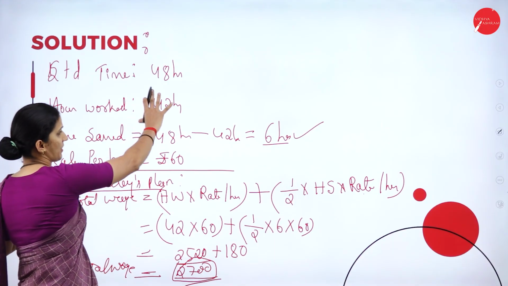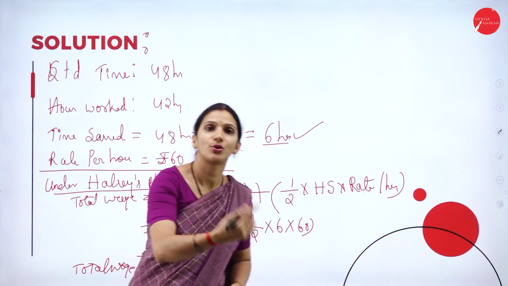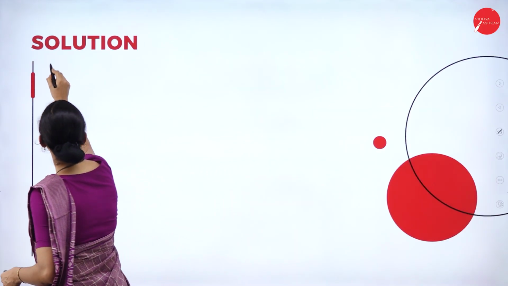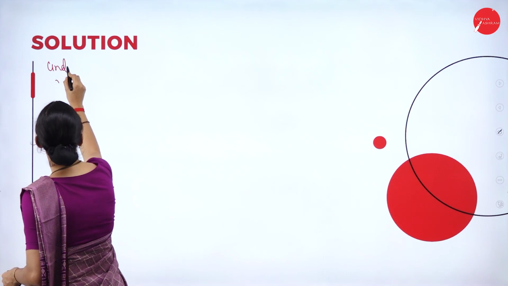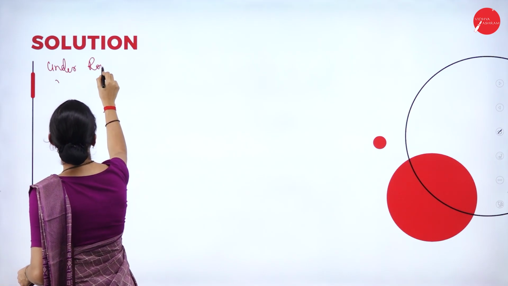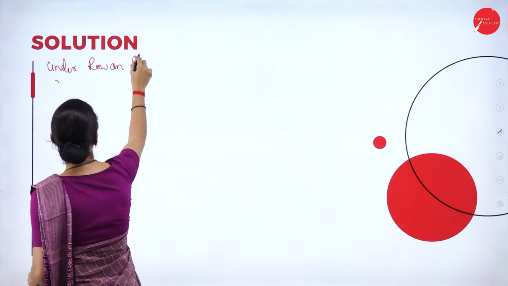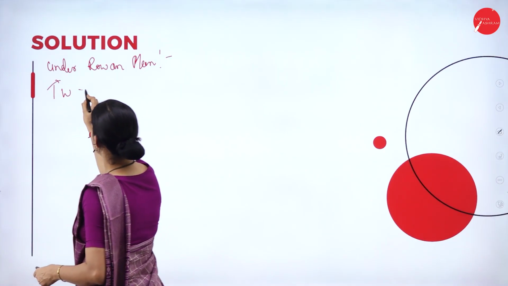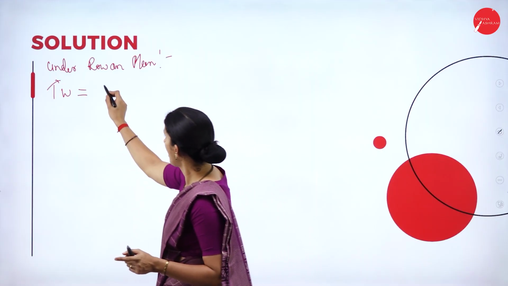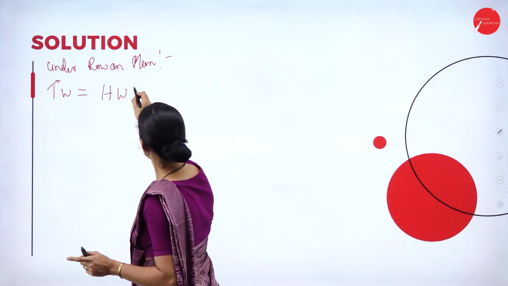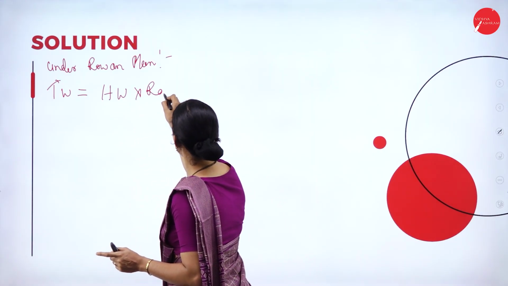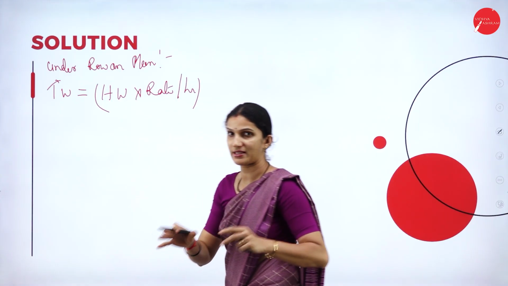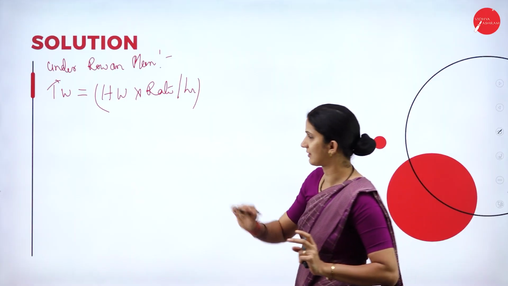With the same information, now we will apply the Rowan's plan here. Okay, so next under the Rowan's plan, what is the total wage formula? Your total wage is equal to hours worked into rate per hour. This is the guaranteed wage or the time wage calculation.